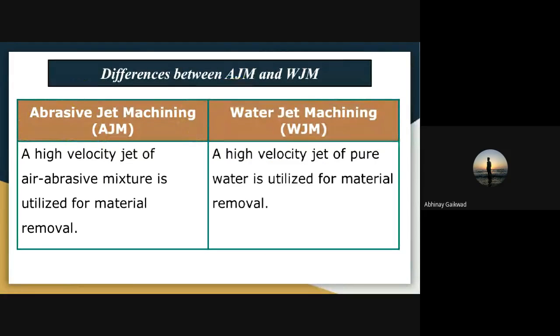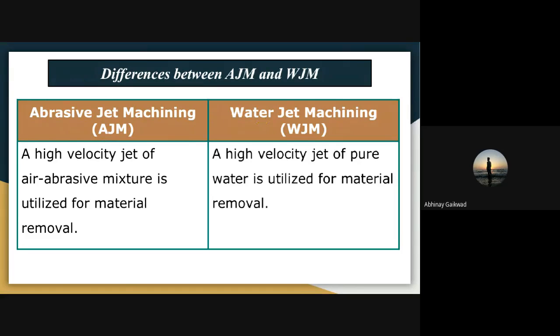Okay, so the first point is that in abrasive jet machining a high velocity jet of air and abrasive mixture is utilized for material removal. Okay, just as I have explained, a mixture of air as a carrier gas and abrasive is utilized for the material removal purpose in case of AJM.